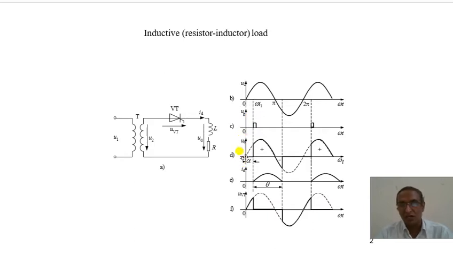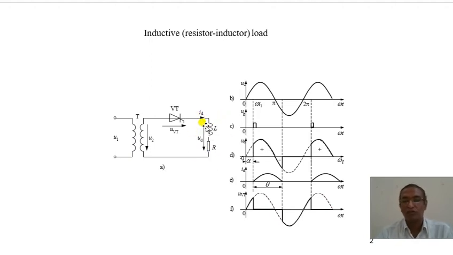So the output voltage across the load is zero. Very important: the output voltage is zero because the thyristor is not conducting, so it acts as an open circuit, and no voltage flows from the secondary to the inductive load.